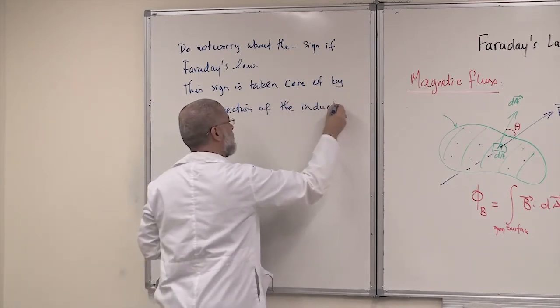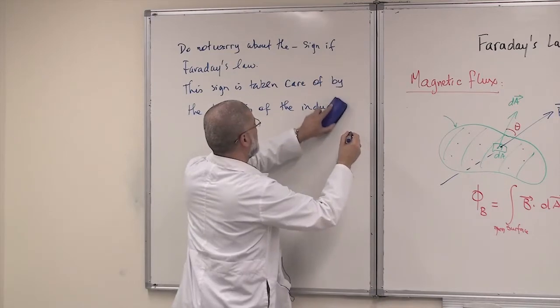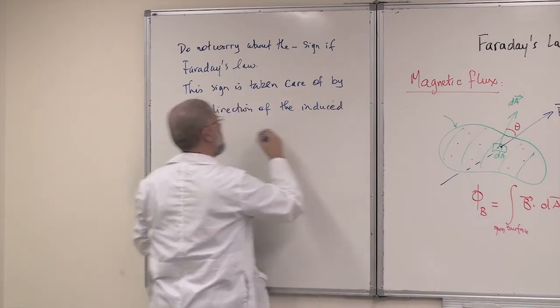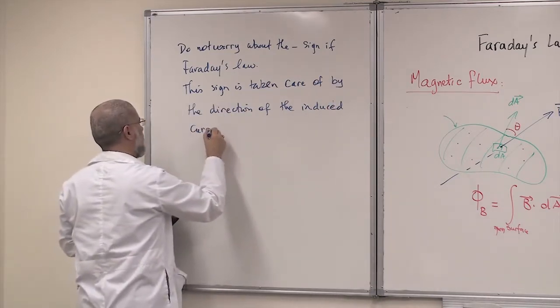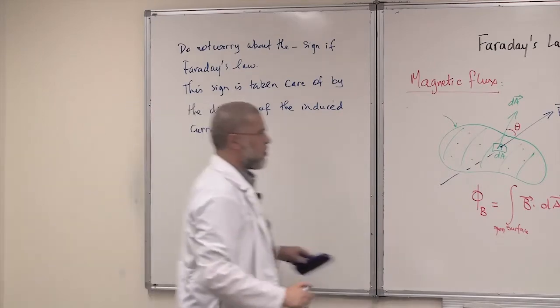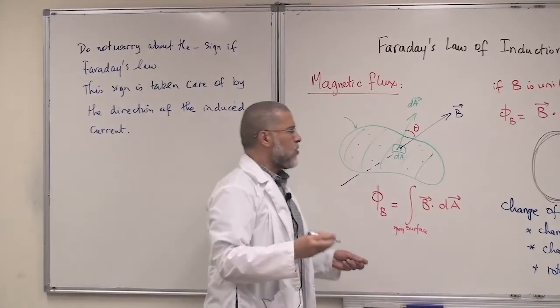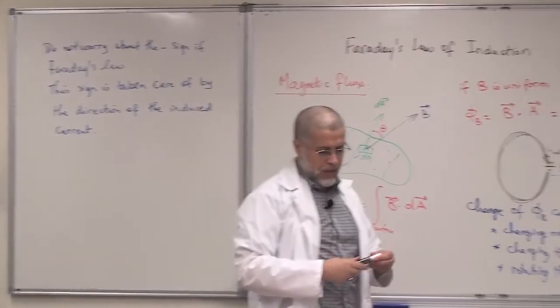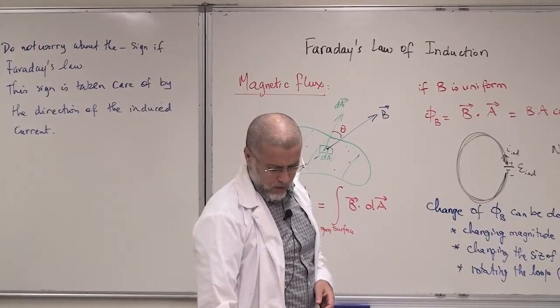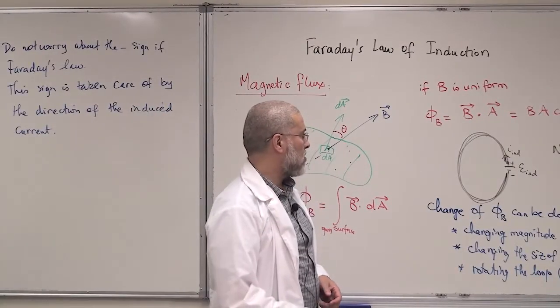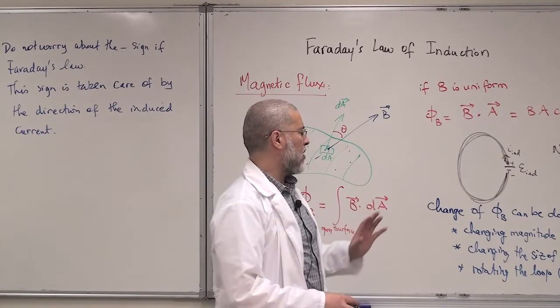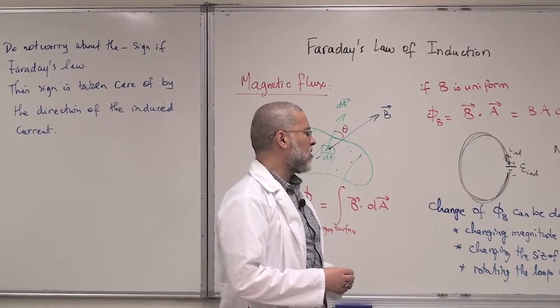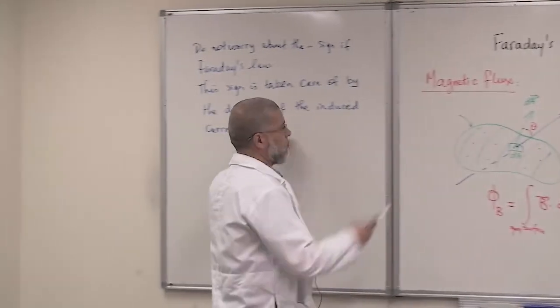It's an indication of the induced current, so the induced current will take care of the minus sign. Don't worry about it. Generally, we always ask about the magnitude when you're asking problems or examples. When we solve examples, we don't care about the minus sign. We care about the induced current. The direction of the induced current will take care of that minus sign.